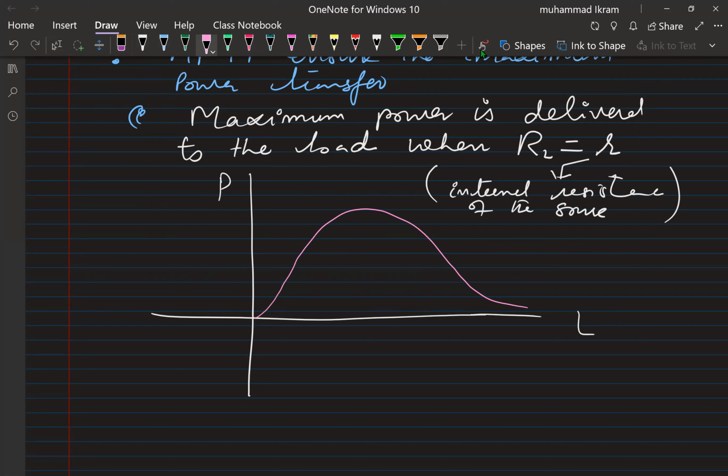Okay, and here you see this is the maximum power line. And you see that it is at a certain load resistance, like this one. And this is only possible when the load resistance becomes equal to the internal resistance of the source, right?